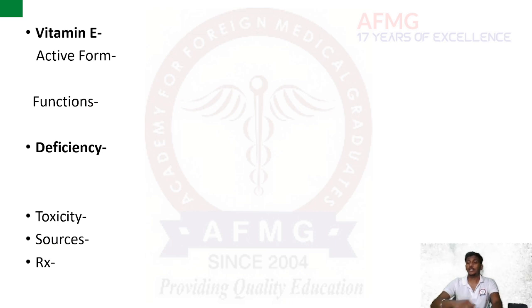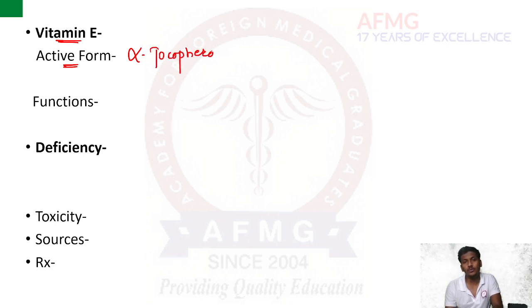Moving further, the next fat soluble vitamin is vitamin E. Vitamin E is actually an isomer of tocopherols. Please remember, the most active form of vitamin E is called alpha tocopherol.